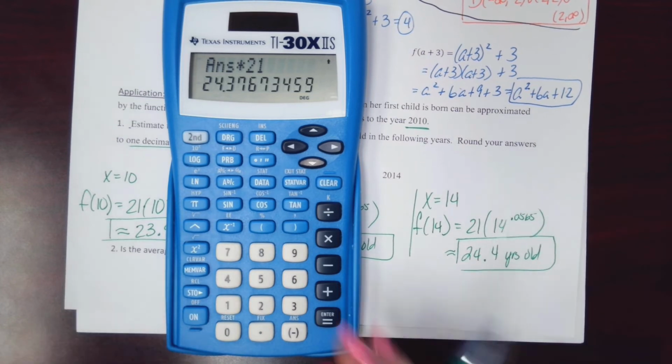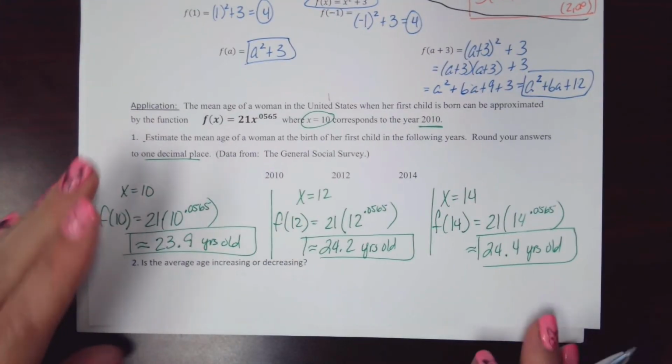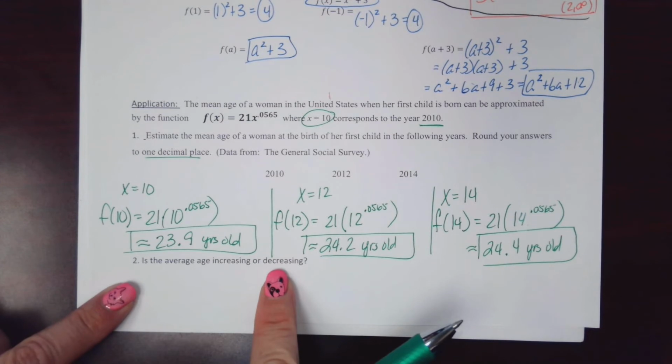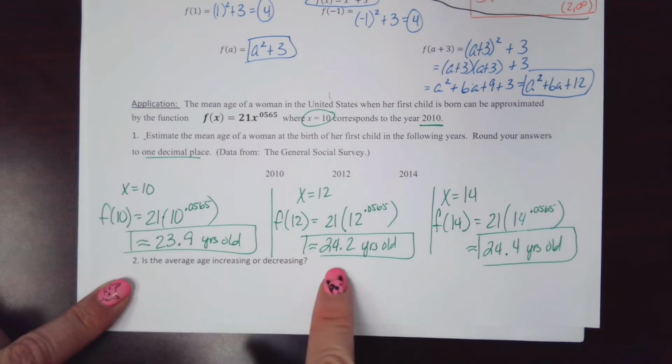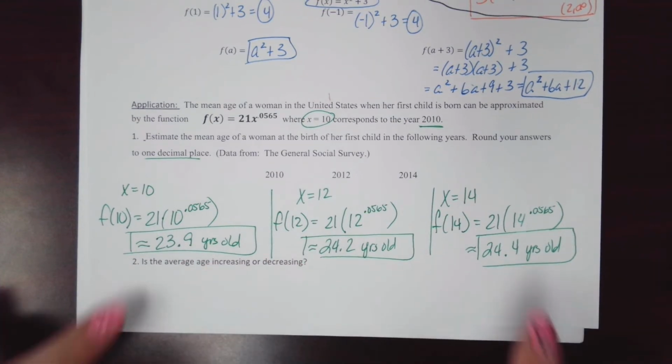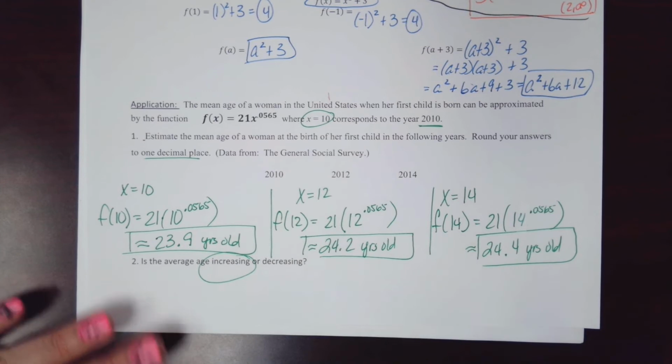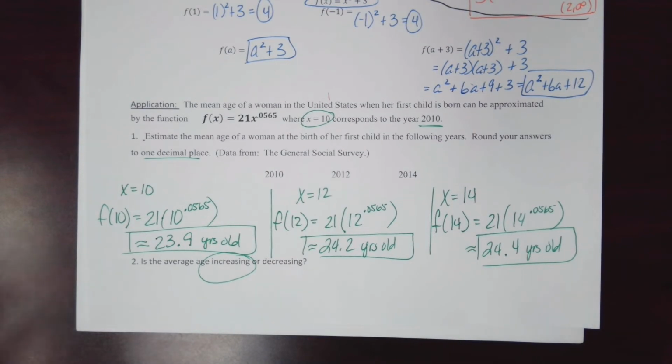Make sure you round accurately. And then we ask, so what's happening? Is the average age of when the first child is born increasing or decreasing? Well, as I go from 2010, 2012, 2014, it's increasing. I see that slowly, not by a lot, but slowly, women are delaying when they get pregnant and have their first baby.